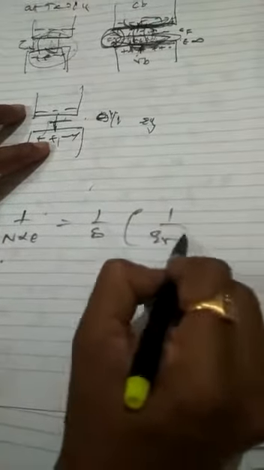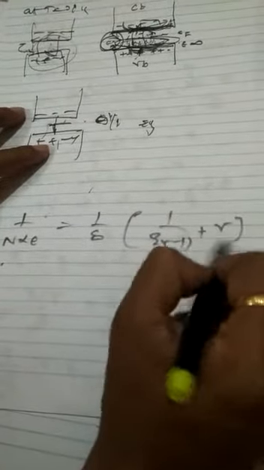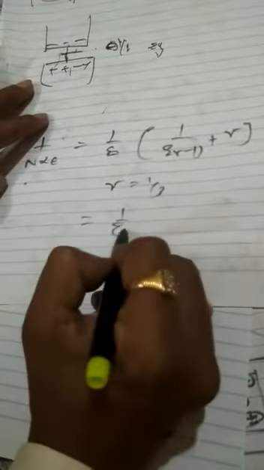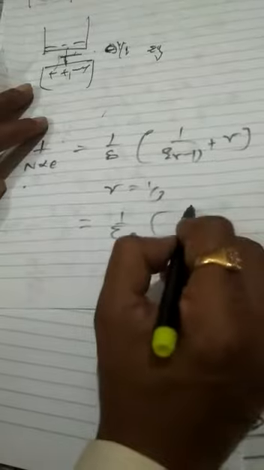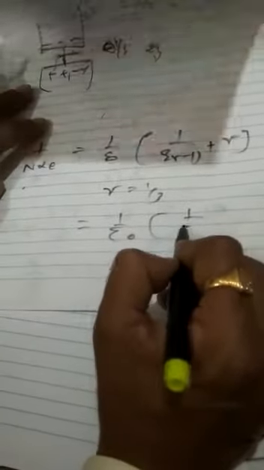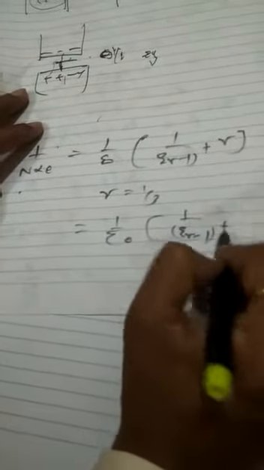Taking P common, we get 1 divided by n alpha E equal to 1 by epsilon naught, taken common, times 1 by (epsilon r minus 1) plus gamma. But we know gamma is equal to 1 by 3, so it becomes 1 by (epsilon r minus 1) plus 1 by 3.